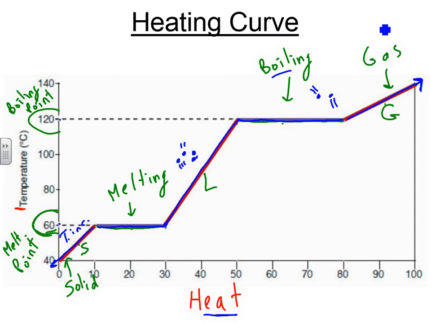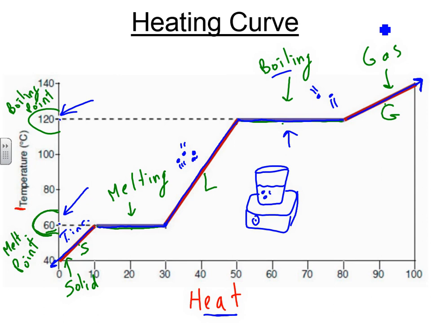Now, the question is, why is the temperature staying steady during these phase changes? Let's think about boiling, this portion right here. If you put a pot of water on a hot plate, which is a little safer than a Bunsen burner, and we allow it to boil, we've got vapor coming off of it.